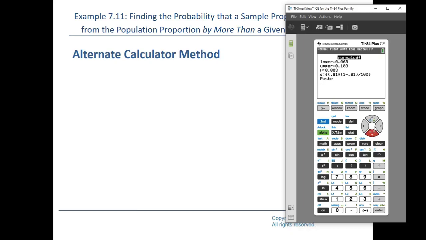Okay, and then for your standard deviation of the sample proportion here, again, if anything, start with a clean slate and go second square root, and then you've got your population proportion, P, parentheses, 1 minus that population proportion P, close parentheses, and then divide by this, the N, which in our case here was 91, okay?